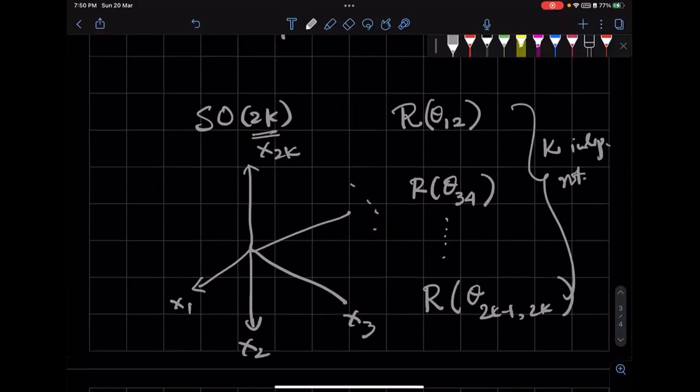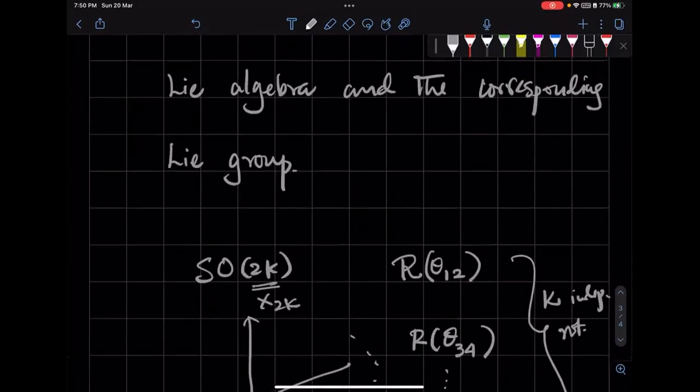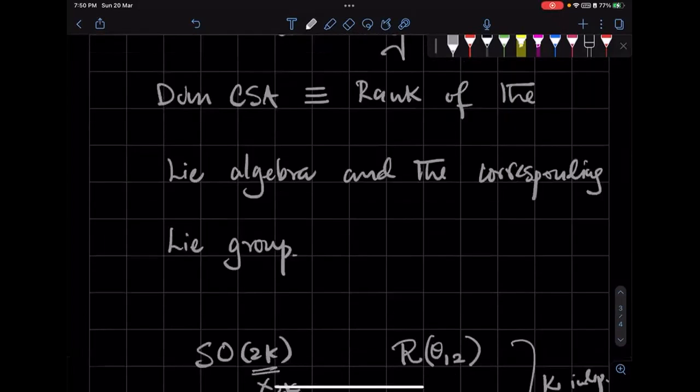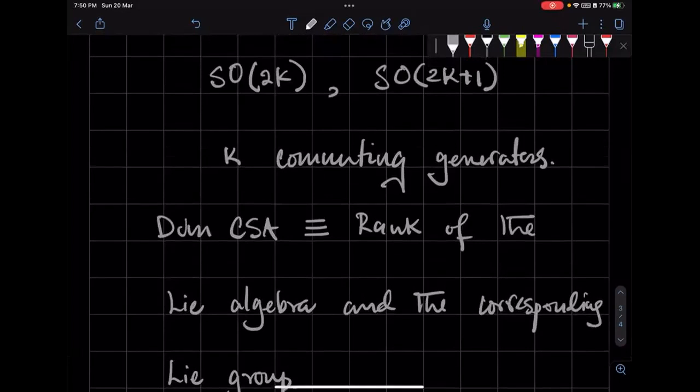So from there, we figure out that for SO(2k), the Cartan subalgebra has k generators in it, and therefore the rank of SO(2k) is k.